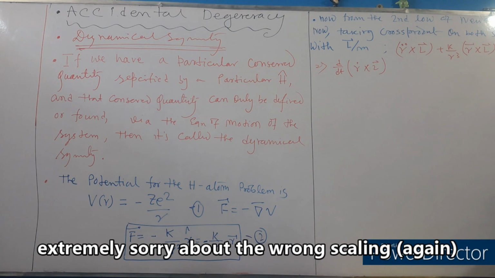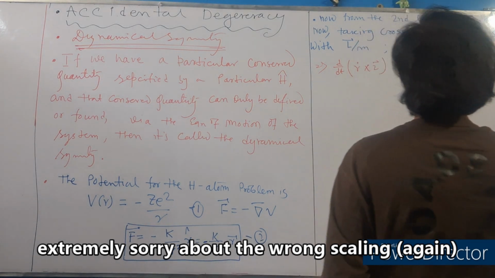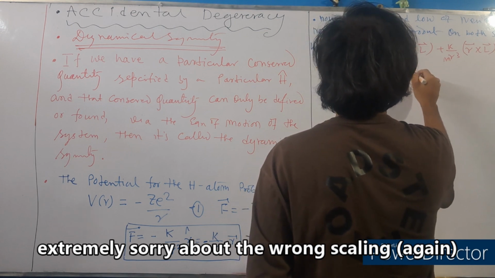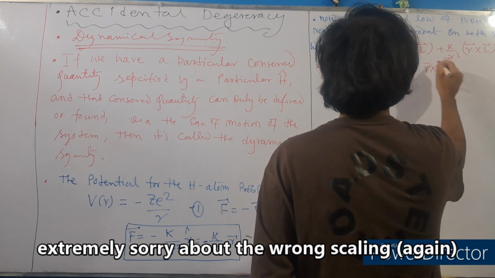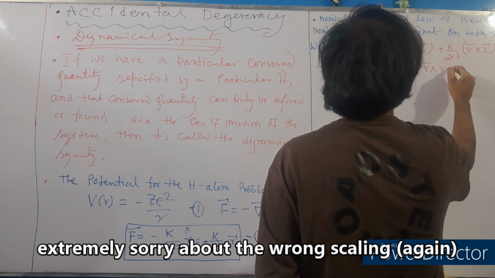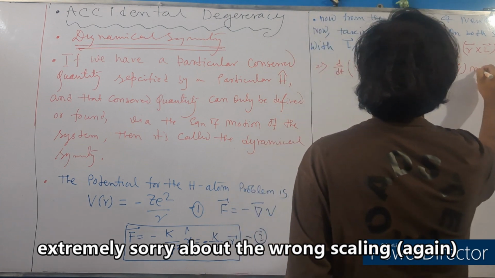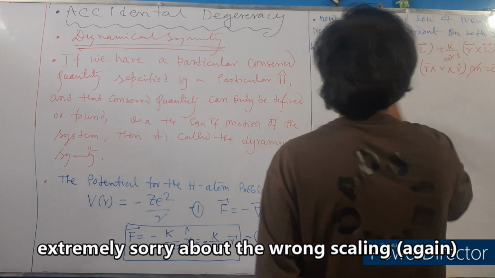Okay. r cross p is basically r cross m r dot, equal to m r cross r dot. Okay, r dot means the velocity, and I am taking the m out, so I can cancel it out. Okay, it has m here. I forgot to write. Plus K by m r cube, r cross r dot. Okay, with the m, and that is equal to 0.